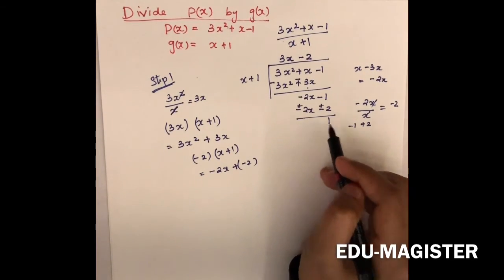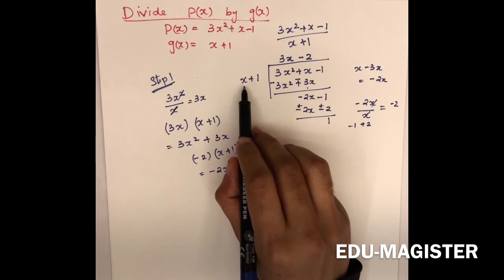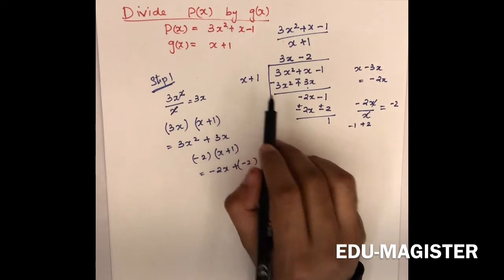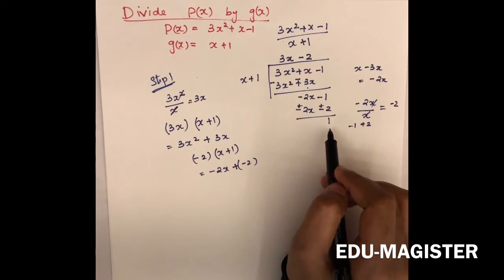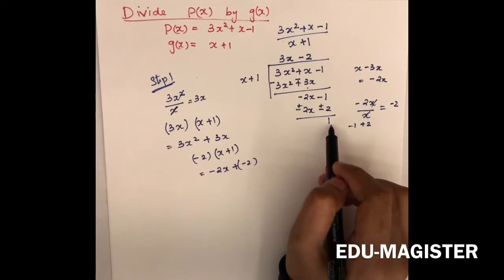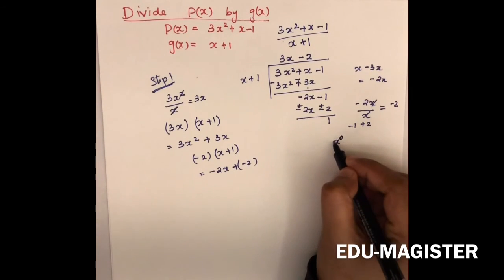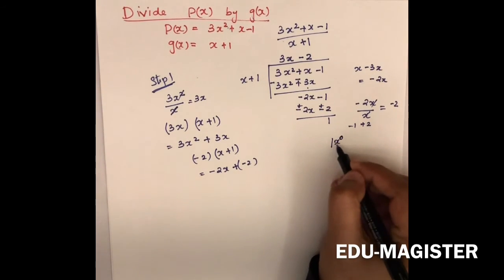Why? Because here the remainder is less than the divisor. That is the degree. The degree of the remainder is less than the degree of the divisor. What is the degree of the remainder? It is 0, right? You can write 1 like this.